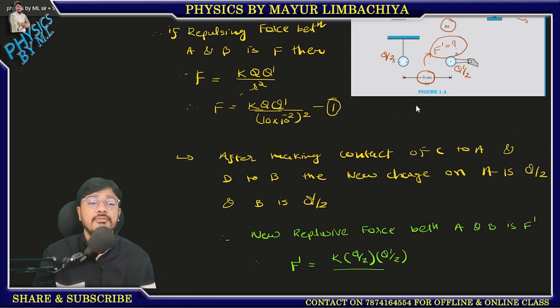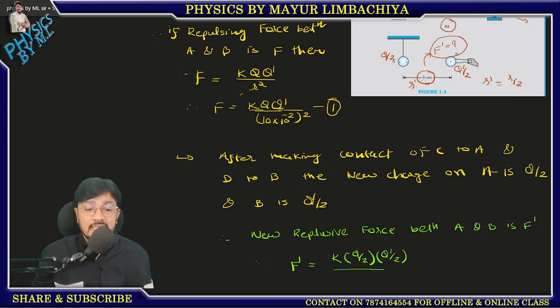Look at that, 5 centimeter, which is half of the previous case. So can I write this as R dash, and what is R dash? R by 2, because it is 5. In the previous case it is 10. So 10 divided by 2 means 5. So I can write R dash as R by 2.